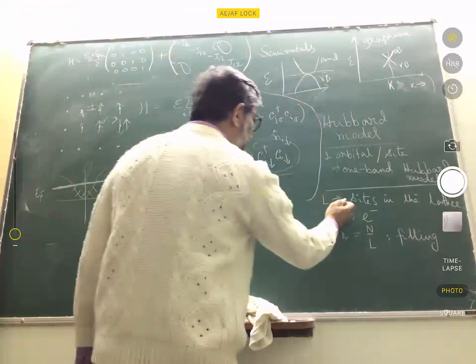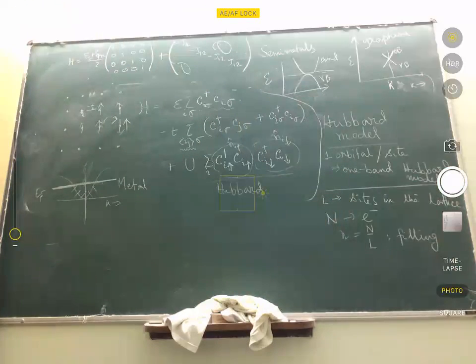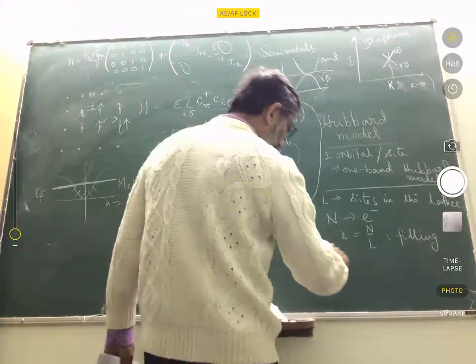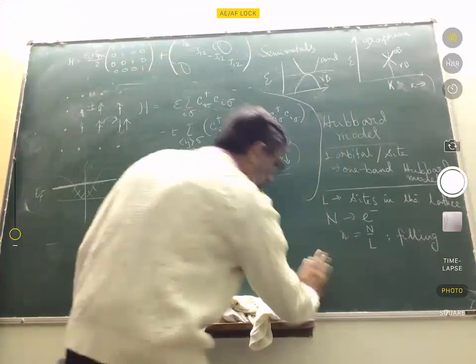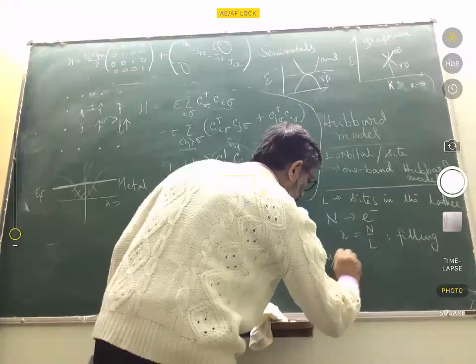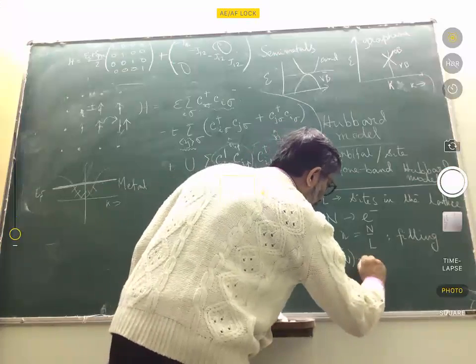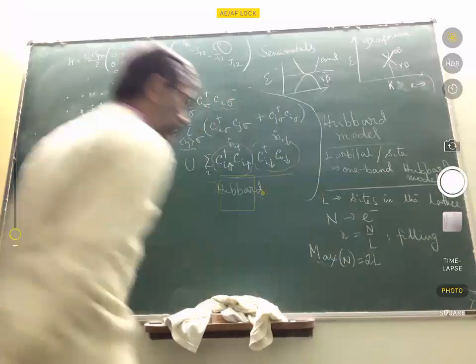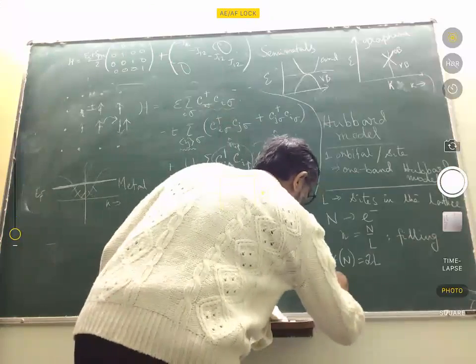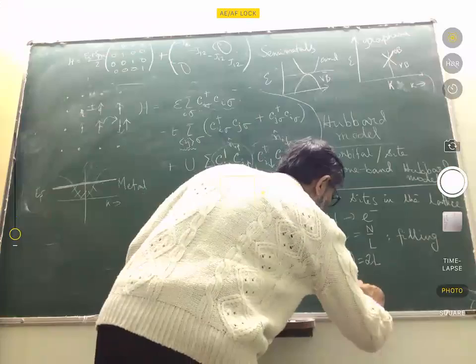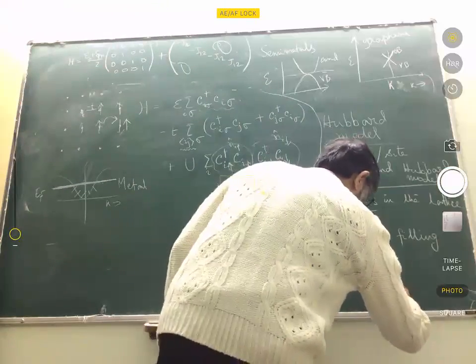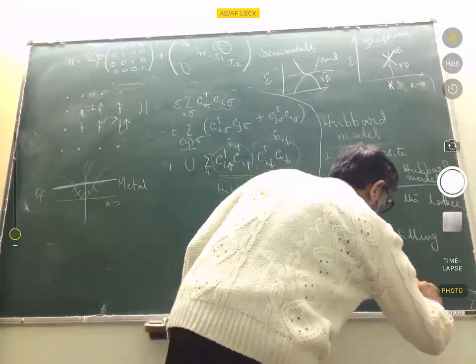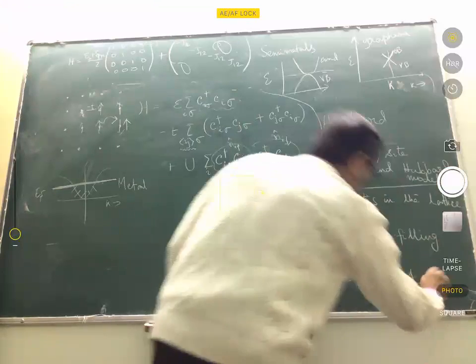If I have L sites with one orbital per site, I can have a total of 2L electrons. So the maximum of n I can have is 2L. If n is equal to L, that is one electron per site, then small n equals 1.